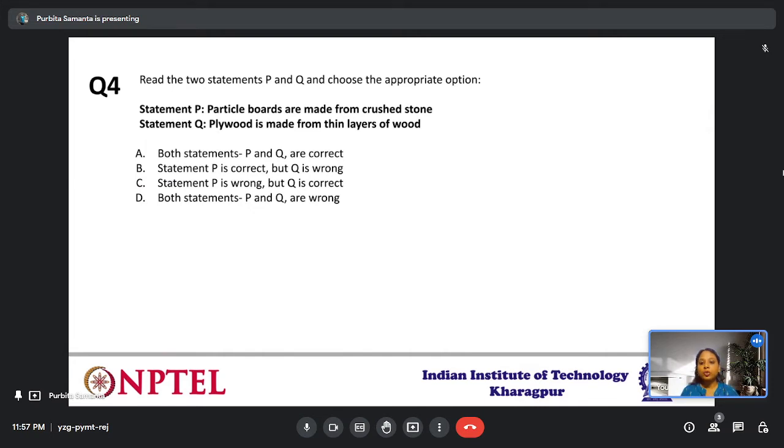So we have to choose the appropriate option, where we have to select whether P is correct or P is wrong, whether Q is correct or Q is wrong. So if we look into all the options, we see that option C is correct.